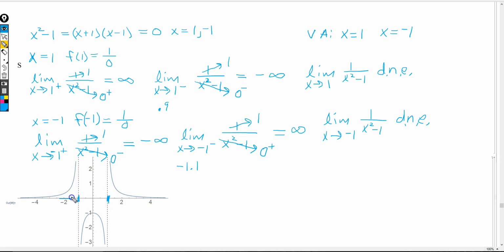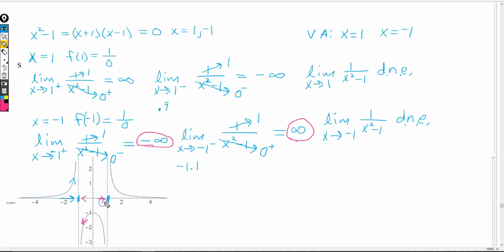Notice as we approach -1 from the left, the function is going to positive infinity. That's what we found. As we're approaching -1 from the right, the function is going down to negative infinity. Yep, that's what we found.